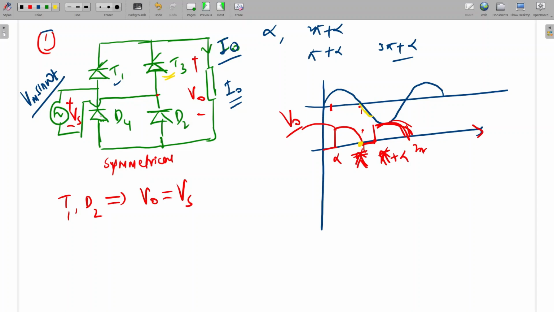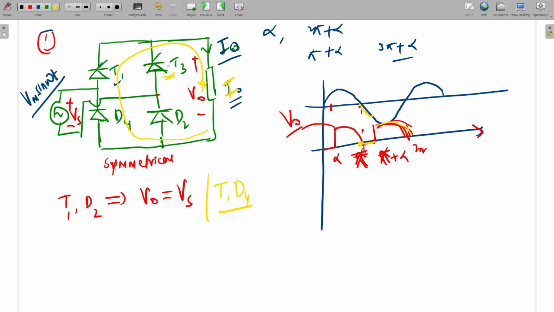Negative means D4 will be forward biased. T1 and D4 will do the freewheeling. Since current is there, it requires some path, so the current will follow through D4 and T1. The output will be shorted and the output voltage will be 0.